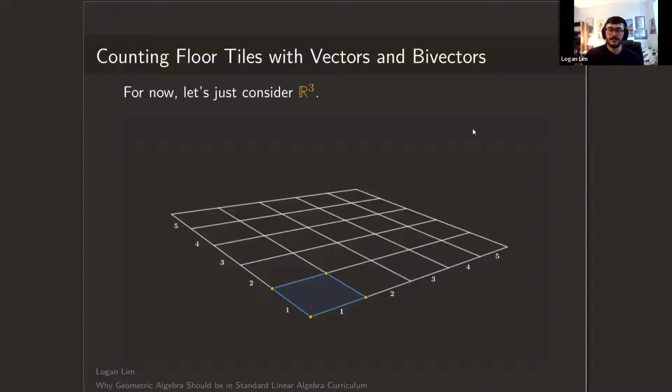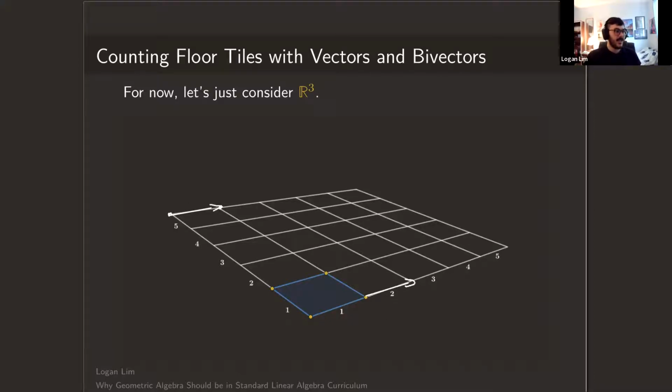Now let's talk about these floor tiles. Before, we were talking about apples and oranges, which seemed weirdly condescending, but this is a better example. We have 25 floor tiles. Remember, vectors can represent points, but they're not points, because we can have a vector between here and here, and this vector is the same vector as this one.